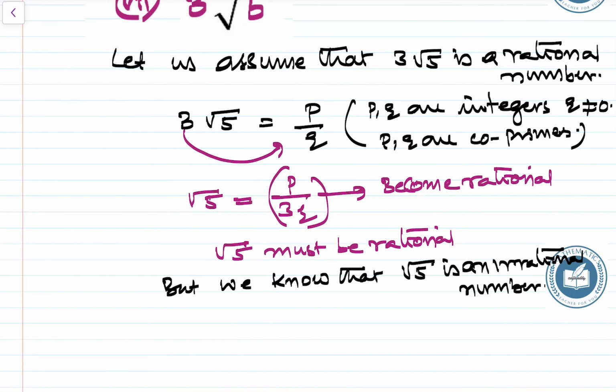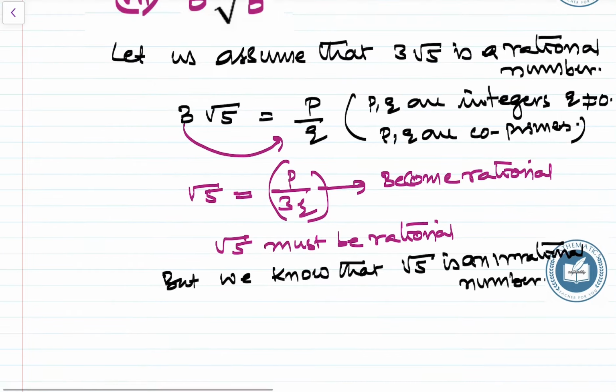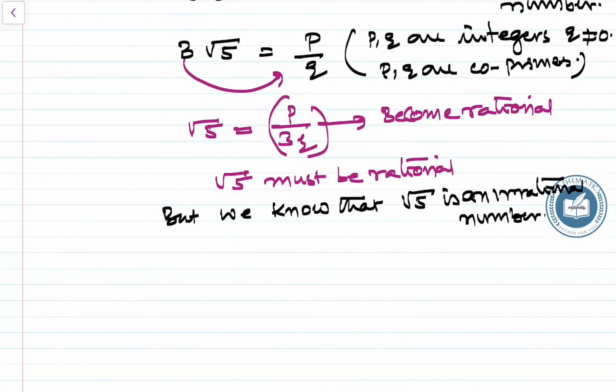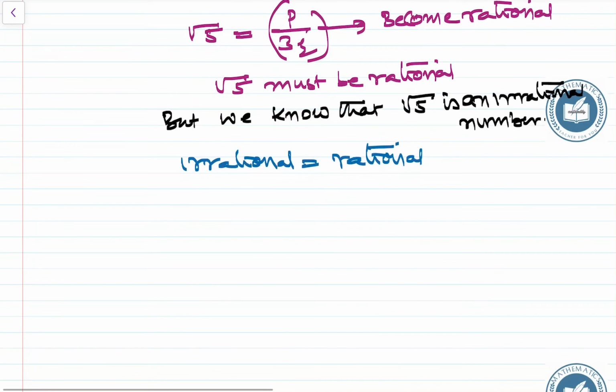So irrational is not equal to rational. This contradicts the fact.